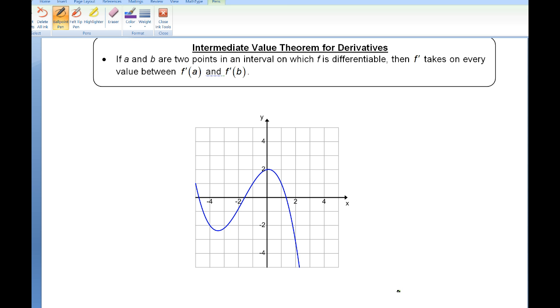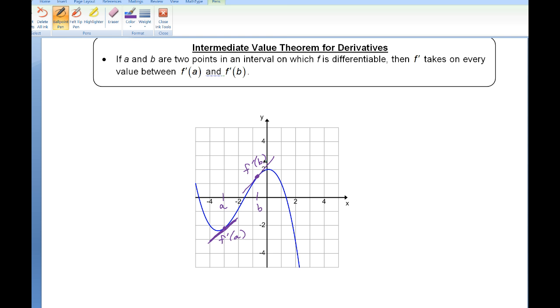Okay, intermediate value theorem for derivatives. It's basically just saying if you have, let's say here's A, picture you have a tangent here. Here's f prime of A, your slope. And then we'll pick B here. So f prime of B would be that slope.